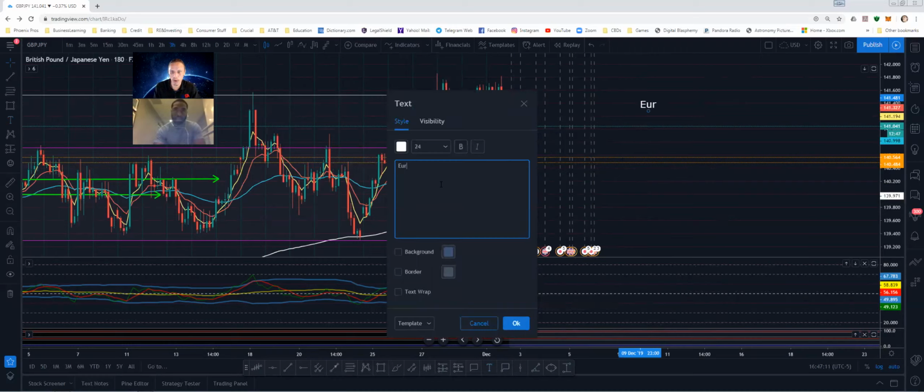So you have EUR is always first. Then you have GBP. I'm going to put it up there and then you can screenshot it, or I'll put this in the chat.